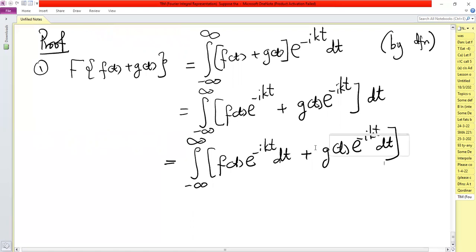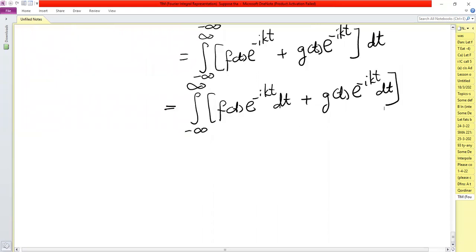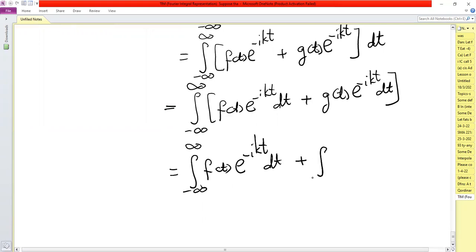And then finally, I distribute the integral operator to each of the two functions. Integral from minus infinity to positive infinity of f of t e raised to the power negative i k t dt plus the integral from minus infinity to positive infinity of g of t e raised to the power negative i k t dt.